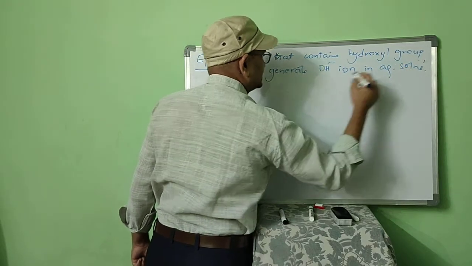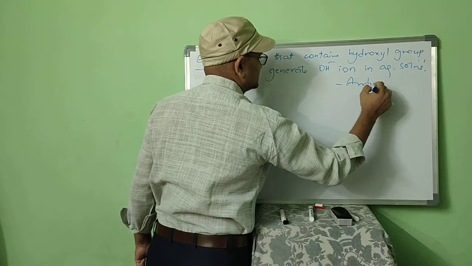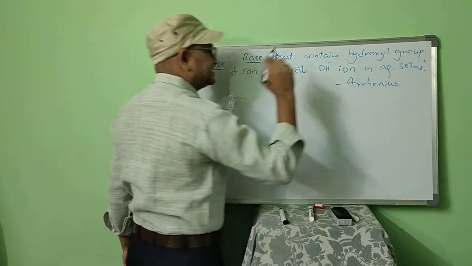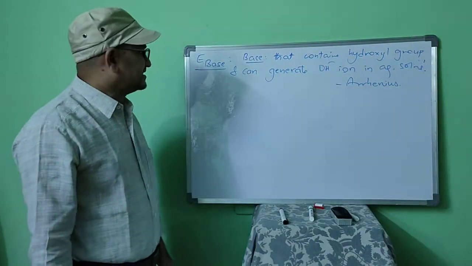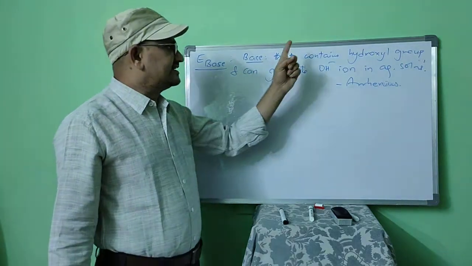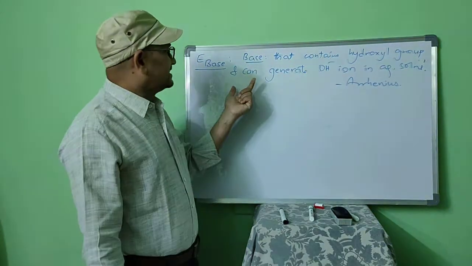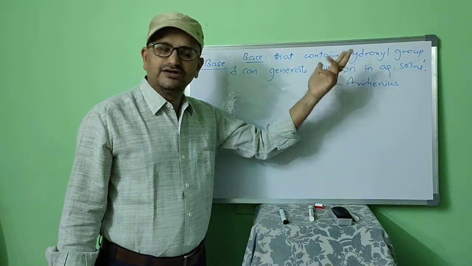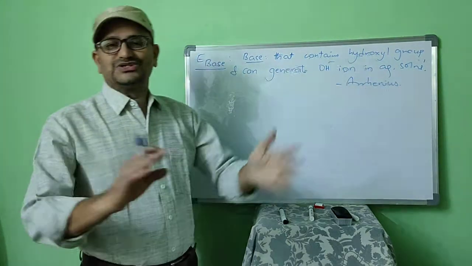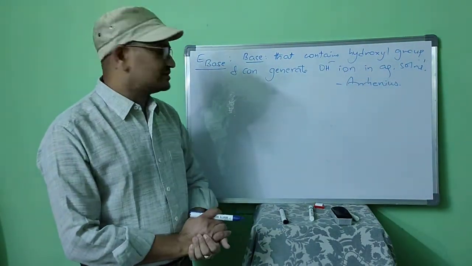This definition is according to the Arrhenius theory of acids and bases. A base is a substance that contains a hydroxyl group, OH group, and can generate hydroxide ion, OH- ion, in aqueous solutions. That's the condition, of course.